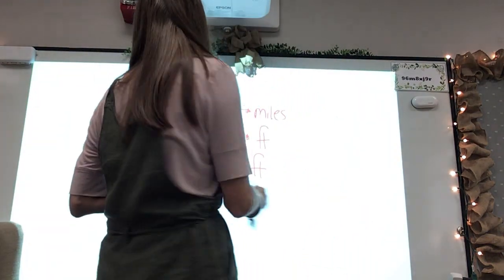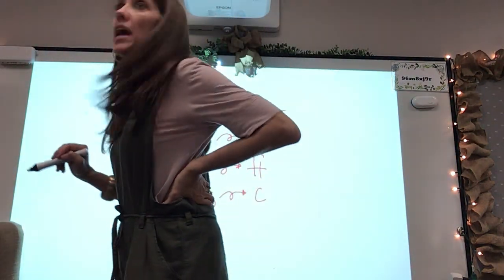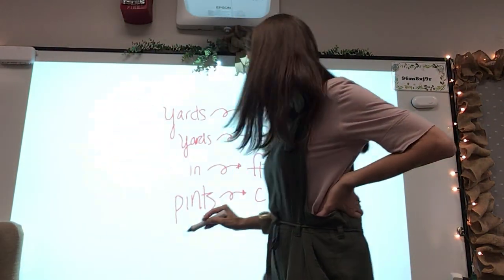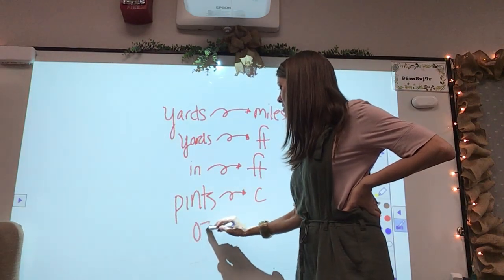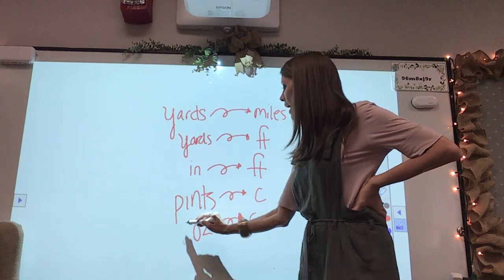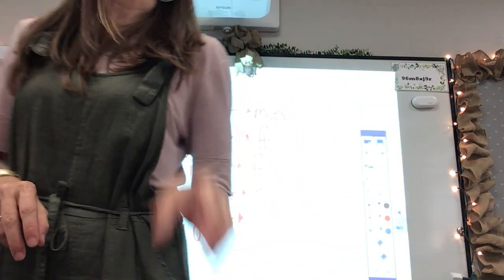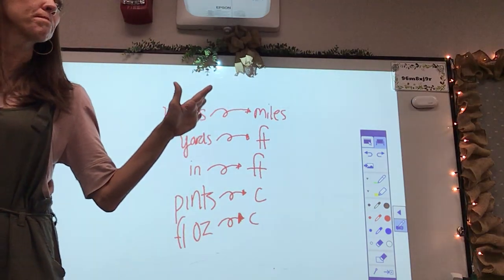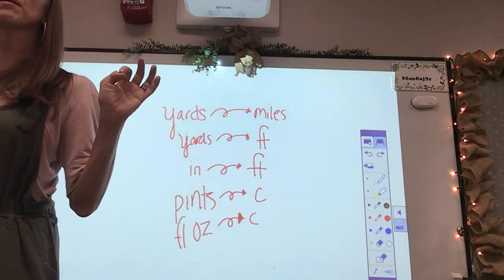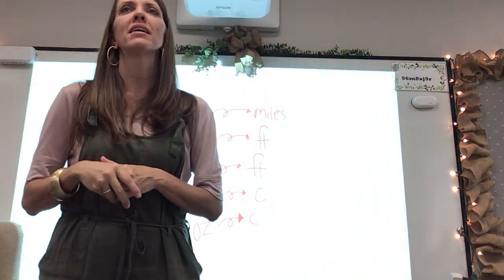All right, one last one. Last one is fluid ounces to cups. What do you do? I should see everybody ready. Are you going to divide or are you going to multiply?